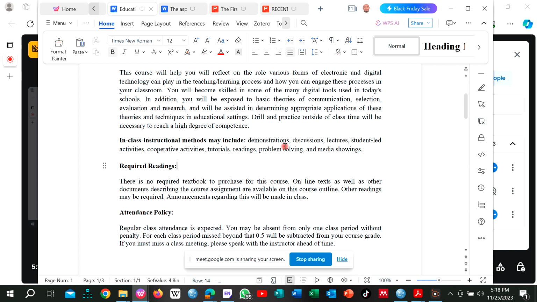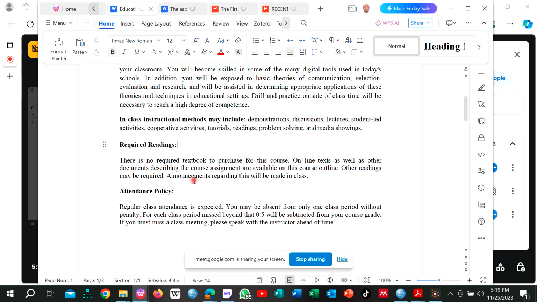We will demonstrate some of these technologies and how to use them. We'll do discussions. We'll do lectures like I'm now doing the lecture on this course outline. But importantly, we will also give you activities where we expect you to do readings and come back and do your demonstrations and your discussions.